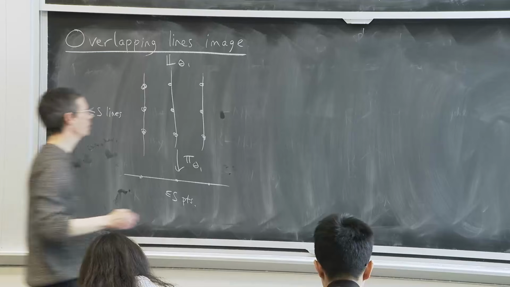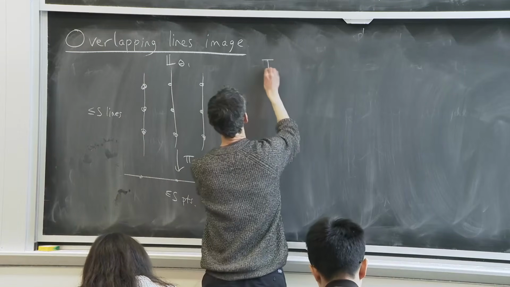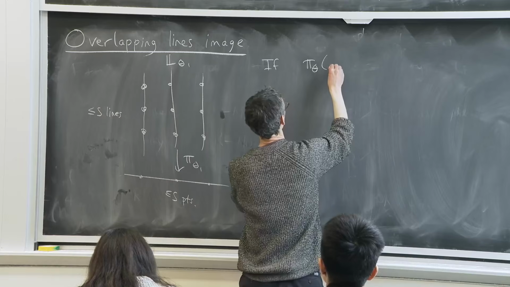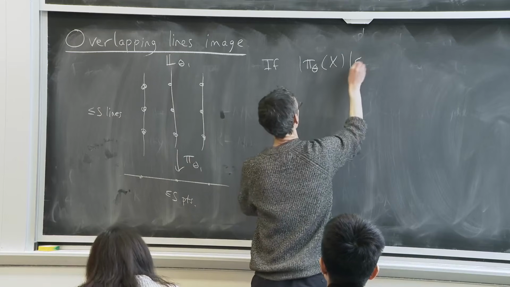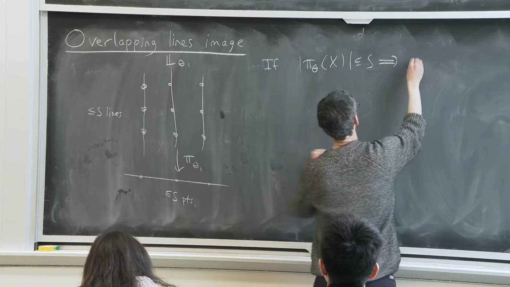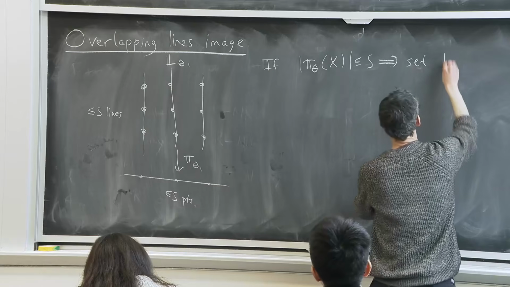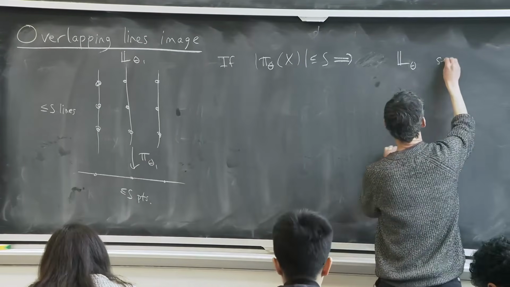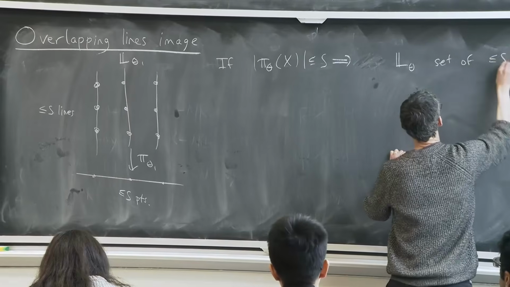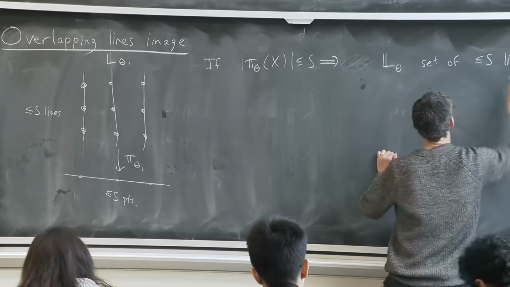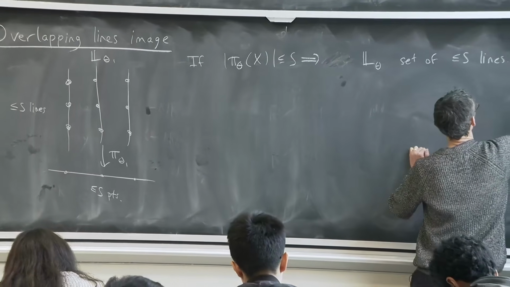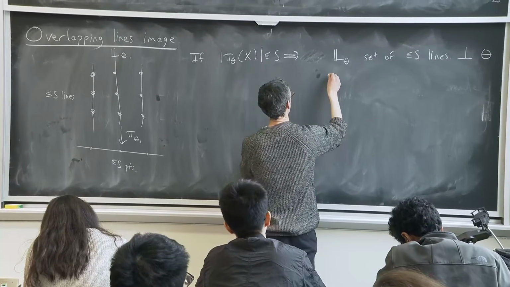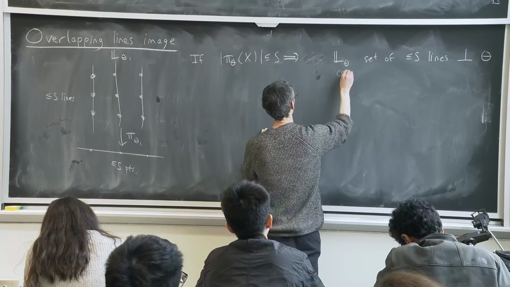OK, so to summarize, if pi theta of x is less than or equal to s, then I get a set called L theta, a set of at most s lines that are perpendicular to theta, and they cover my set x.